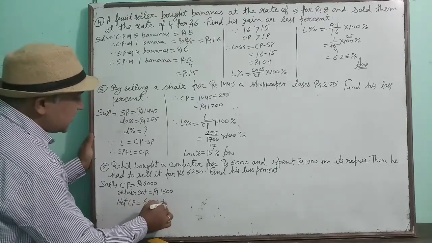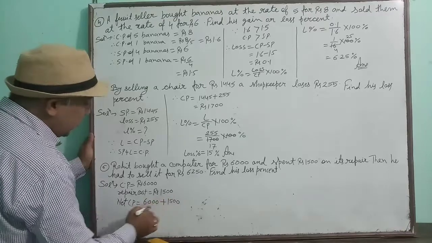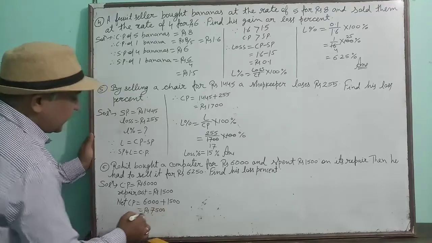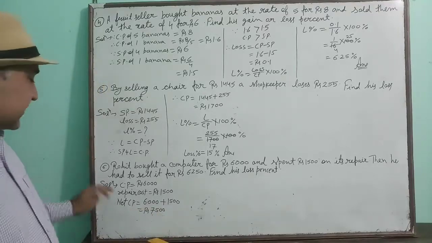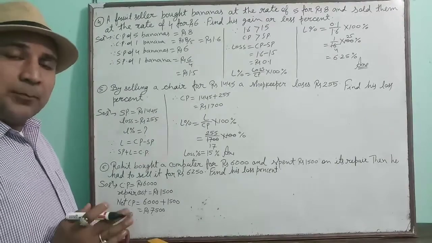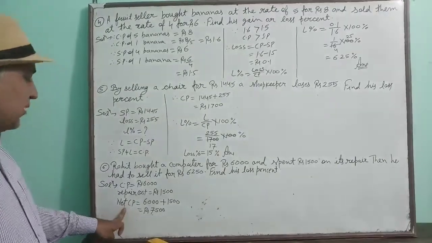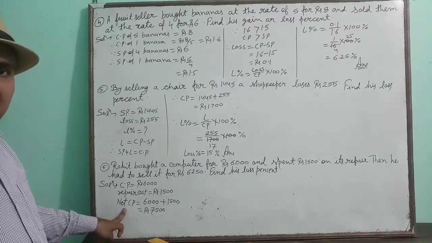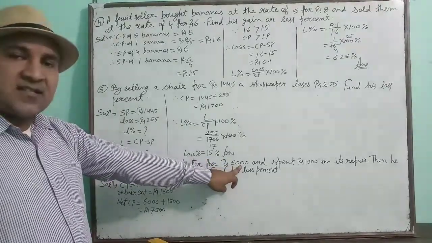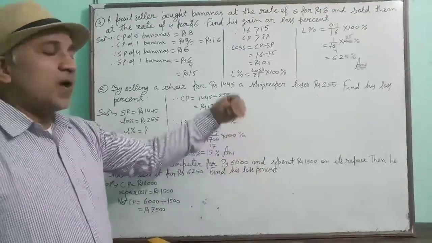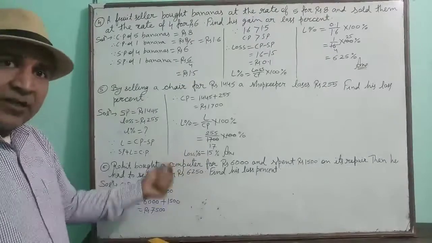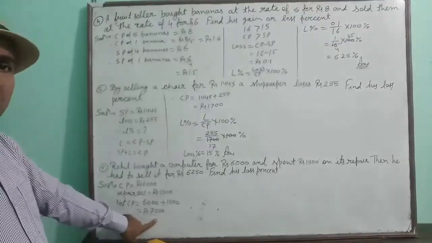Net cost price is 6,000 plus 1,500 means rupees 7,500. This step is necessary because in our every formula at the place of cost price we will put the value of net cost price actually, because after purchasing the computer for 6,000 rupees 1,500 more is spent, so real cost of computer will be now 7,500.